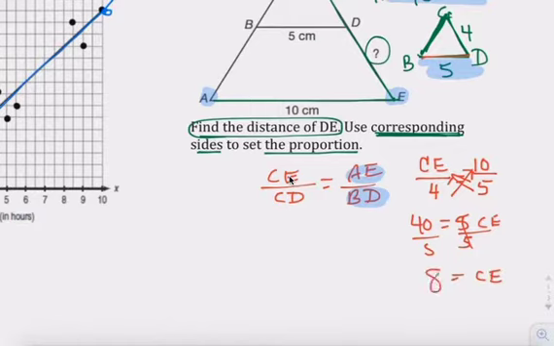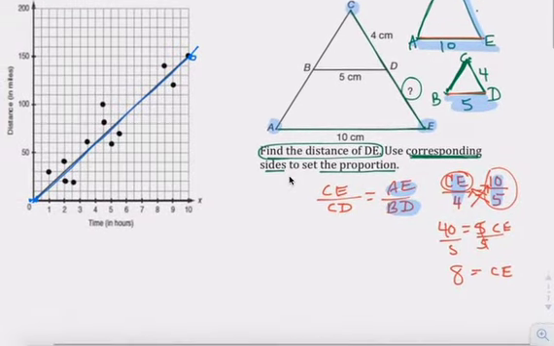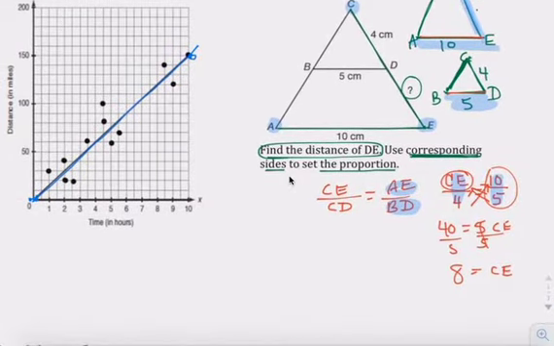Reasonable, because this is 2, and 8 over 4 makes 2, so they equal. So now they're not asking for CE. The whole thing here is 8. Therefore, the missing side is 4, because 4 plus 4 is 8.